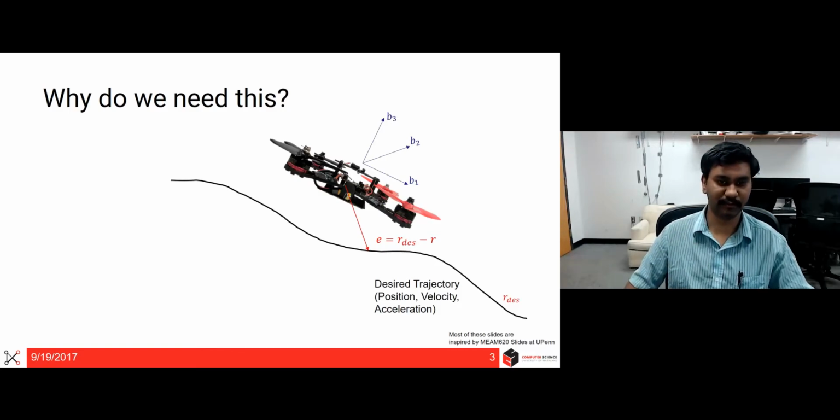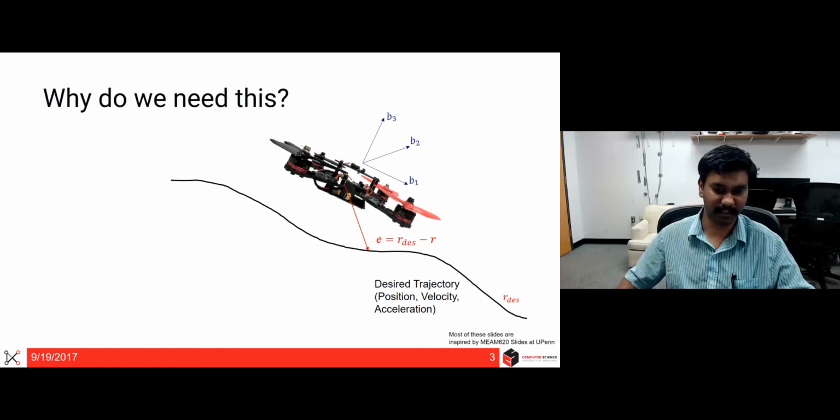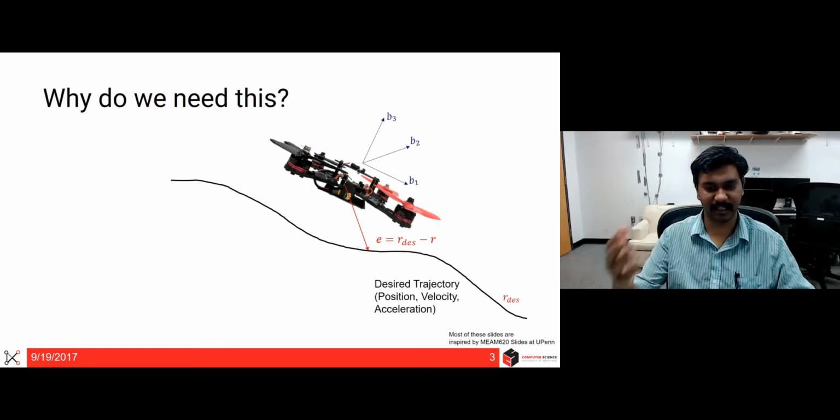So of course the first question anybody would ask is, why do we need this? Let's say we have a quadrotor as shown here with the frames of reference and so on, and we want to travel in this black line trajectory as we discussed before. And let's say we have a desired trajectory wherein you specify the position, velocity, and acceleration. This is very similar to the project 1 phase 2 which we designed, wherein one would automatically give the desired trajectory, position, velocity, and acceleration.